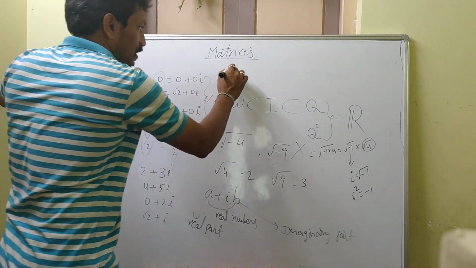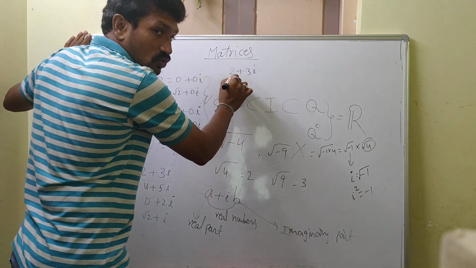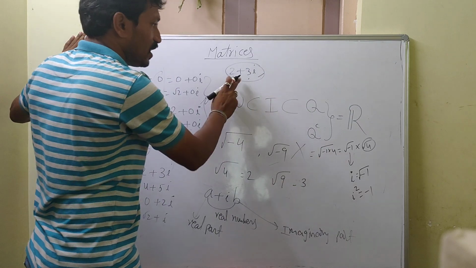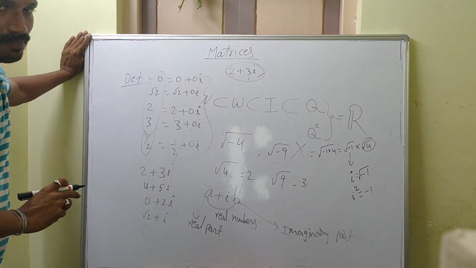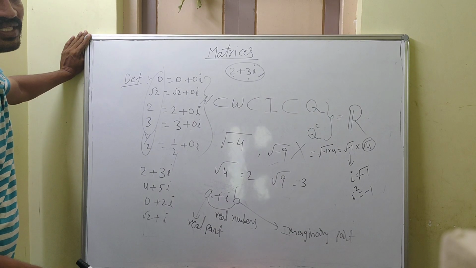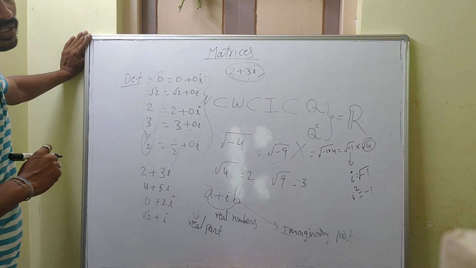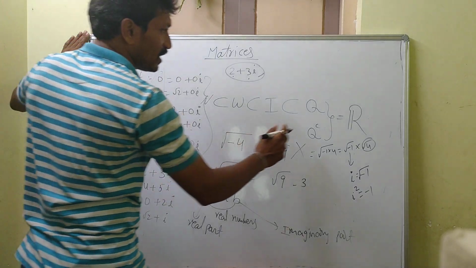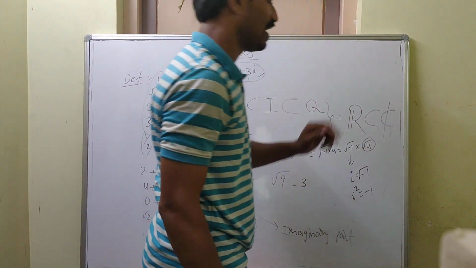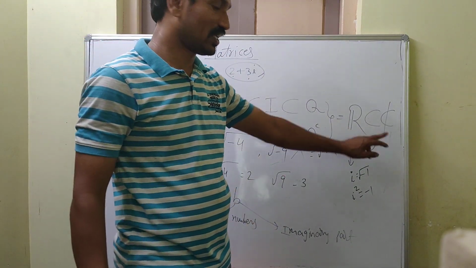But for suppose 2 plus 3i, can you write it as 2 or 3? No, it is not possible. So complex numbers are not all real numbers, but all real numbers are complex numbers. This is the biggest set. In these complex numbers, we can see real numbers also. So this is the complex set.